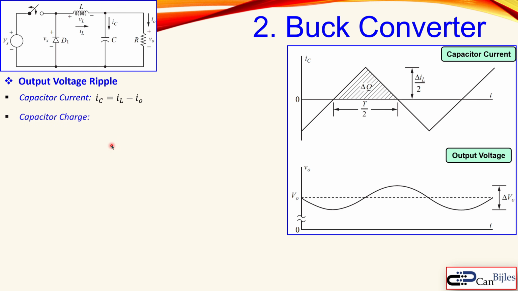And we know from physics that the capacitor charge is Q equals C times the voltage across it, which is VO. Now the change in the capacitor charge can be written as delta Q equals C times delta V, assuming that the capacitance is constant.